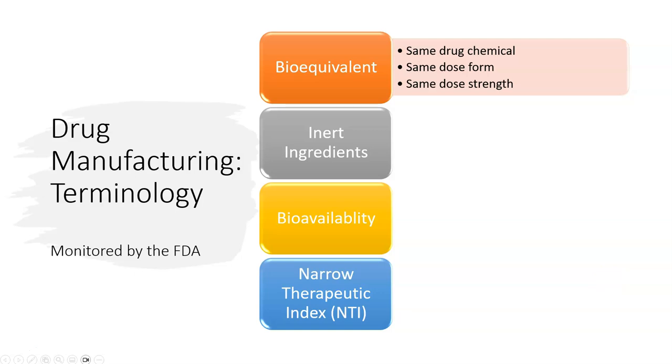Now, I like to talk about this in non-pharmaceutical terms. Think about chocolate chip cookies, right? Who doesn't like a chocolate chip cookie? There are lots of different brands, but they're all basically the same. They have flour, sugar, chocolate chips.